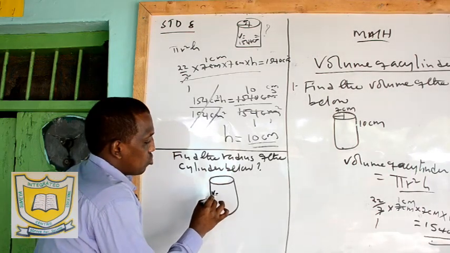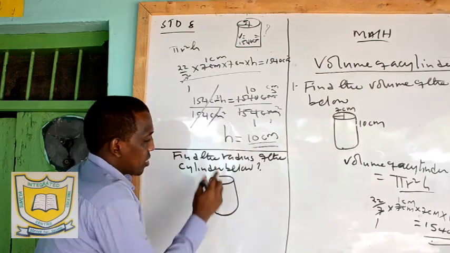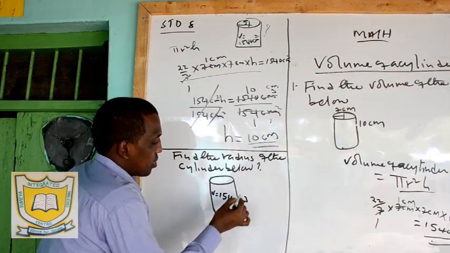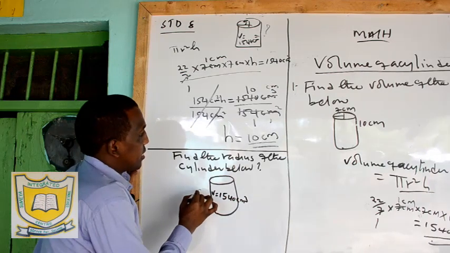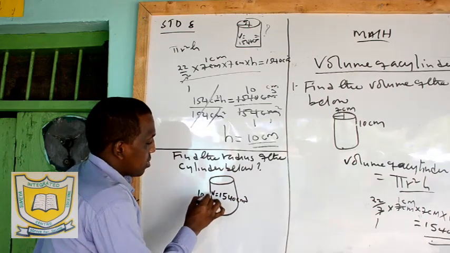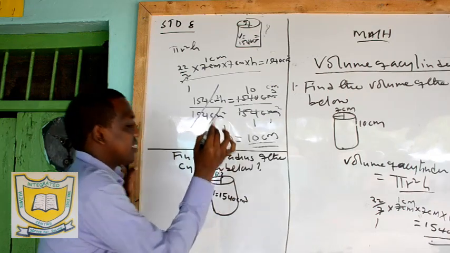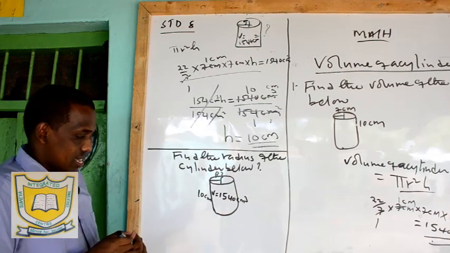Let's say the volume is the same, 1540 centimeter cube. Then you are given the height, let's say it is 10 centimeter. Then they are asking the radius.